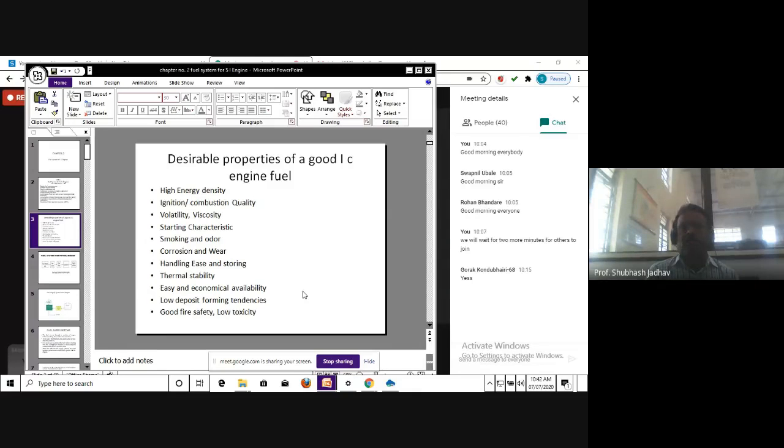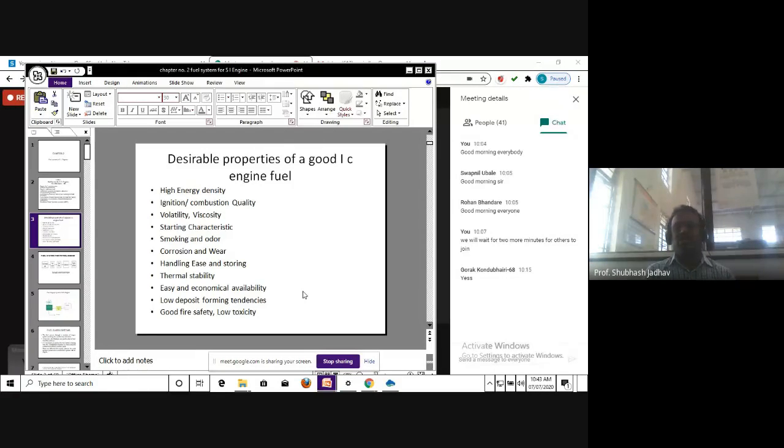But the stage came when two problems arose. One is related to pollution, the atmospheric pollution. Nowadays we are talking of global warming and sea level rising, where the heat is going to increase inside the atmosphere.